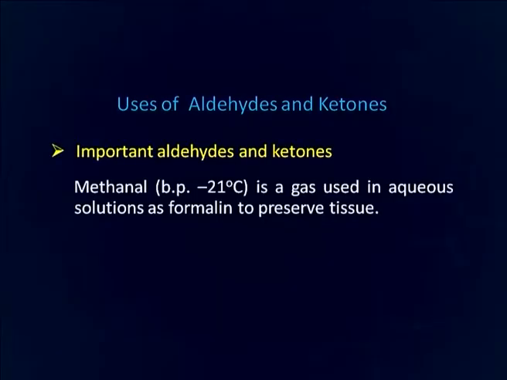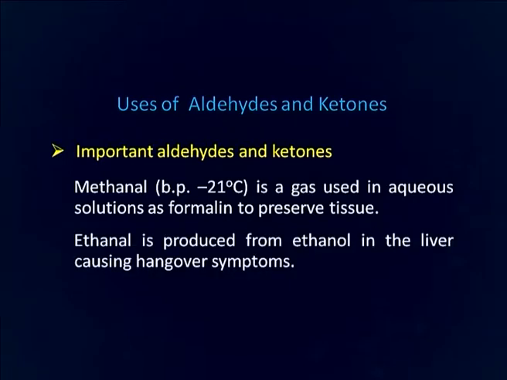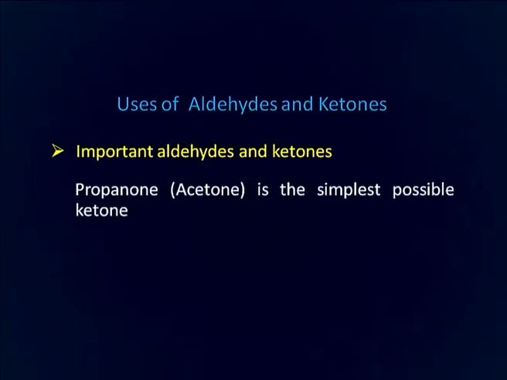We will now discuss the uses of aldehydes and ketones. Methanal, having a boiling point of -21 degrees, is a gas and is used in aqueous solution as formalin to preserve tissues. Ethanal is produced from ethanol in the liver, causing hangover symptoms.